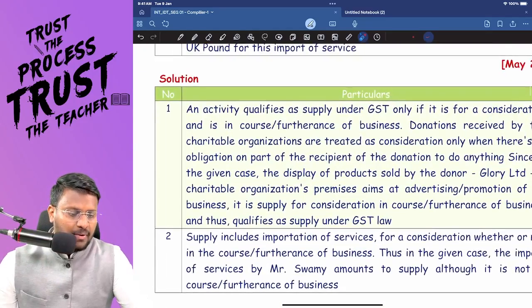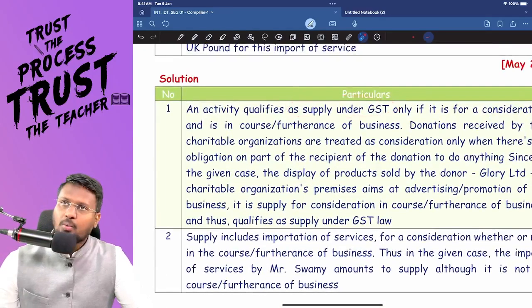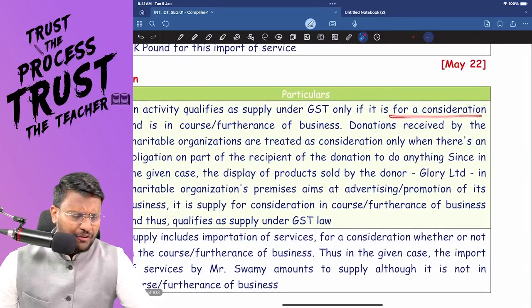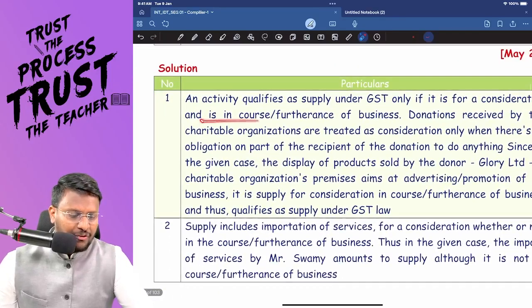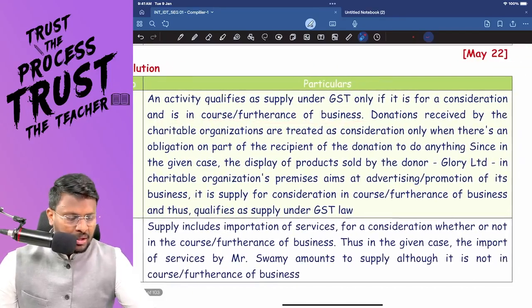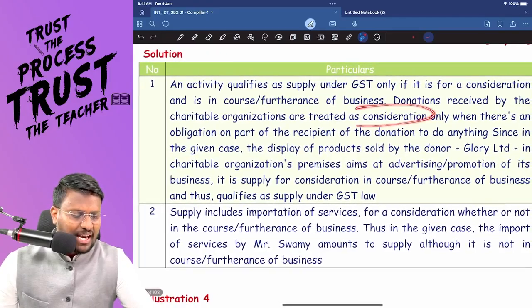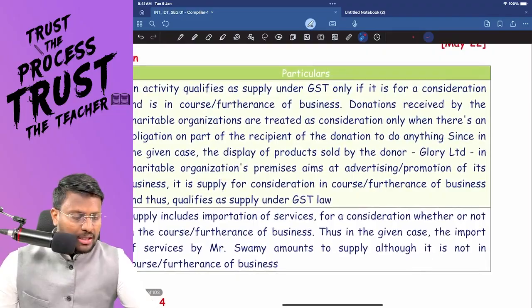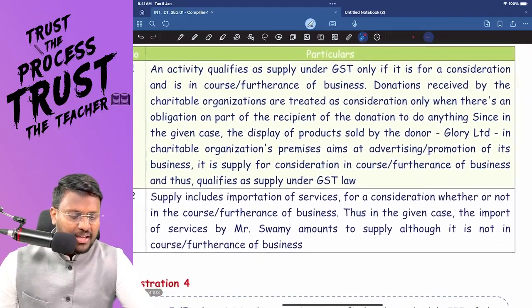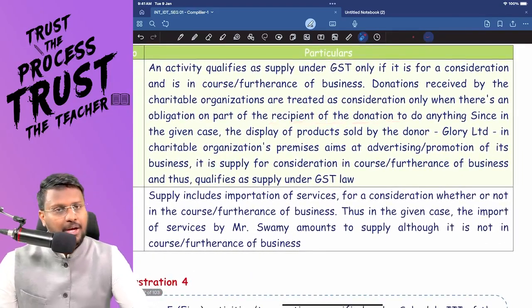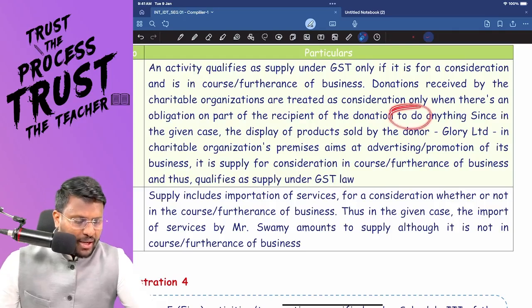An activity qualifies as supply under GST only if it is for a consideration and in the course or furtherance of business. Donations received by the charitable organization are treated as consideration only when there is an obligation on the part of the recipient of the donation to do anything.